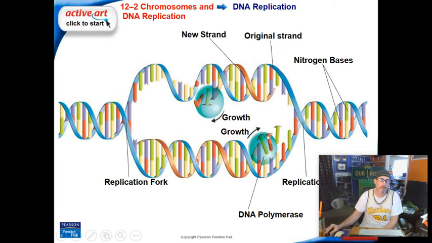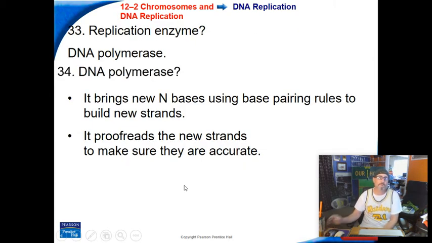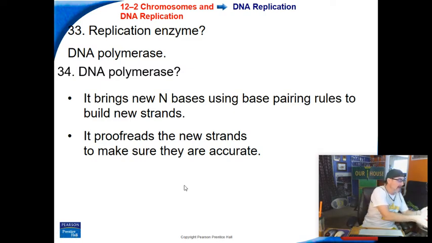And of course, this bubble-looking structure is DNA polymerase, which not only brings in the nitrogen bases, but it also proofreads the work that has been done after it has been done. Okay, moving ahead. So the replication enzyme is DNA polymerase. Again, don't get that mixed up with the helicase enzyme.